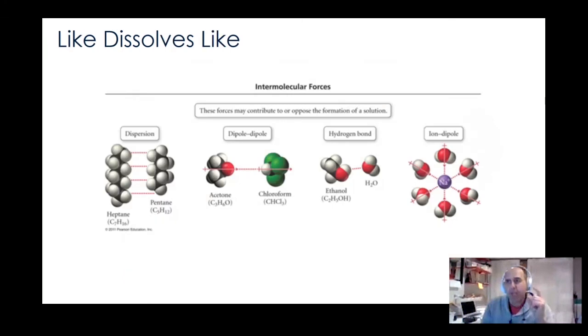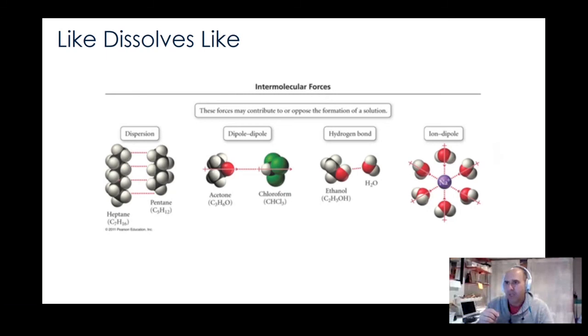And the thing that I want you to keep in mind, the rule of thumb, is like dissolves like. What I do mean is compounds that can form similar intermolecular forces will be miscible or soluble. They'll be able to mix. So for example, the first case here, we have two hydrocarbons, heptane and pentane.